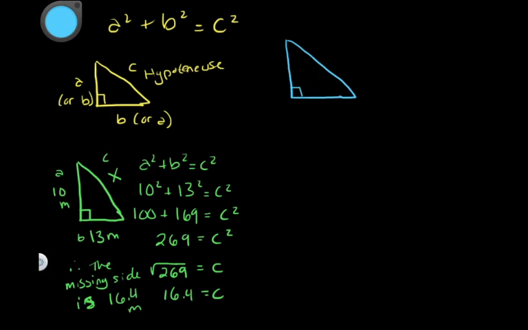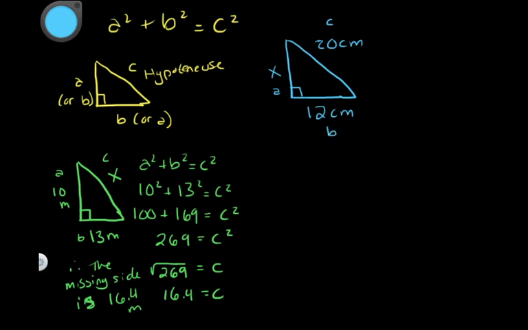For this one, we will say that we don't have this leg, but we do have this one. We'll say this is 12 centimeters. And we have the hypotenuse. It's 20 centimeters. So remember, this is my hypotenuse, so I'm going to label this one as C. This one, the unknown, we'll say it's A, and this one over here is B.